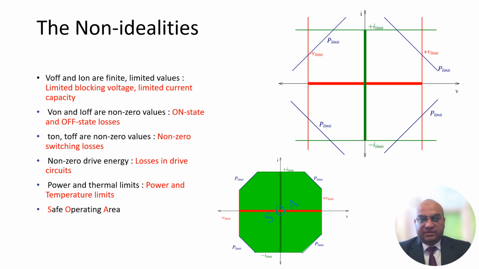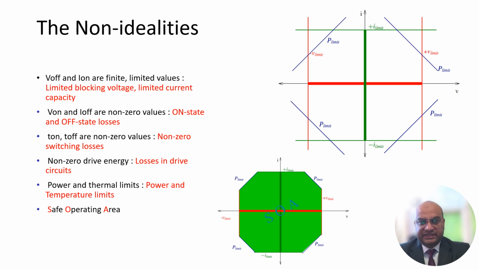The green lines, plus I limit and minus I limit, show the positive and negative current limits that a switch can withstand. And there is also the P limit line. Where all these lines cross, they make the safe operating area of a switch. The on and off state values are not zero, they have certain finite values.